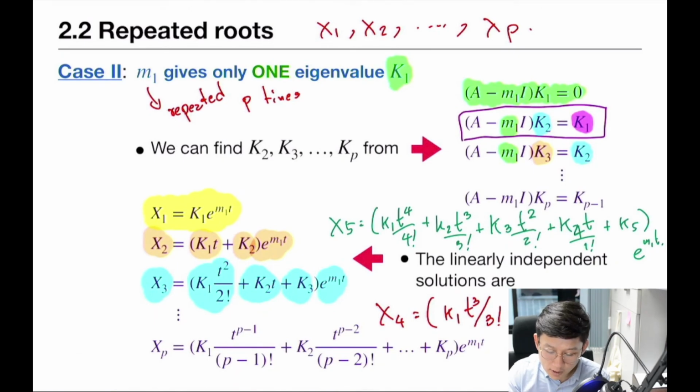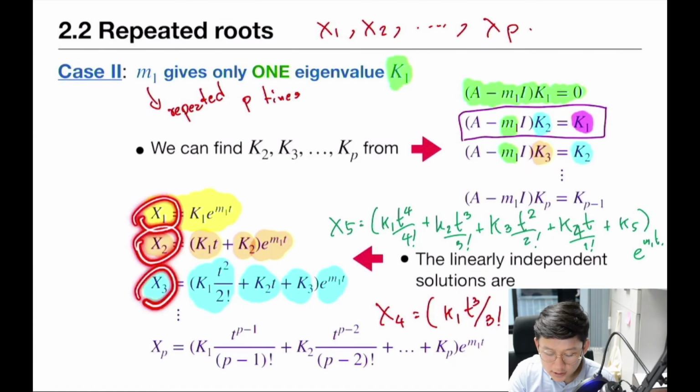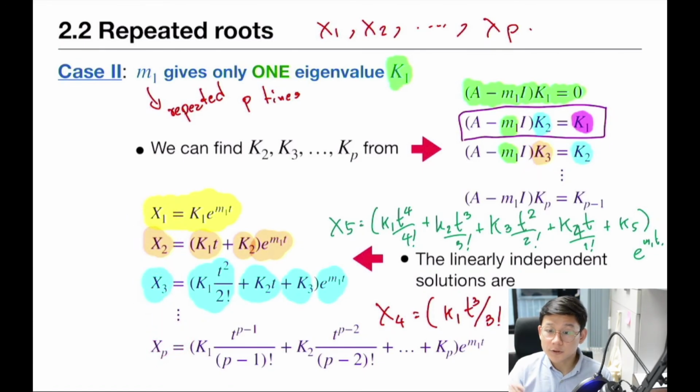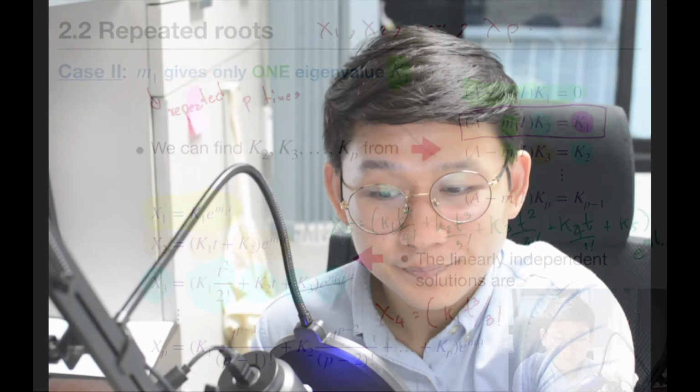You put k1 here instead of 0, you solve for k2. When you get k2, you solve for k3, and so on. And you get x, which are the solutions in these forms. Okay, and that's it, guys, for this.